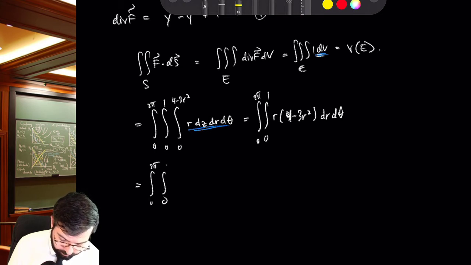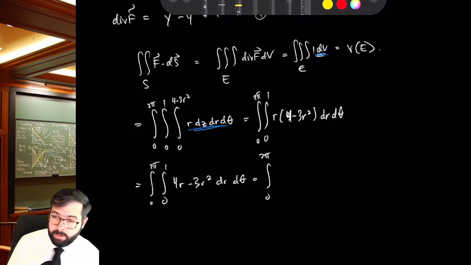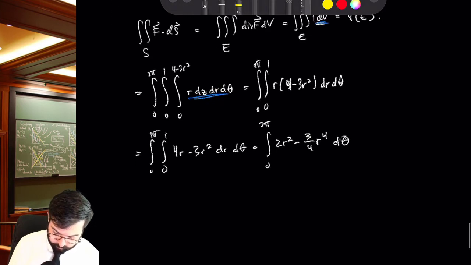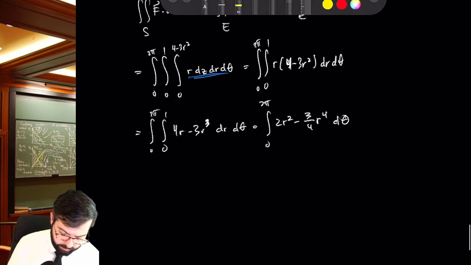Distribute that r through. A couple of power rules here. This gets ticked up to 3. Here we go. And then this is between 1 and 0.